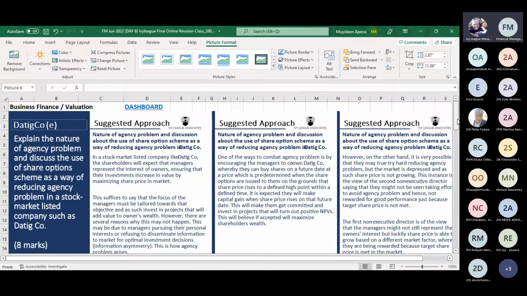So every manager needs to focus on that objective, like I said, investing in projects that will add value to the owners' wealth. However, we have seen instances where this will not happen.